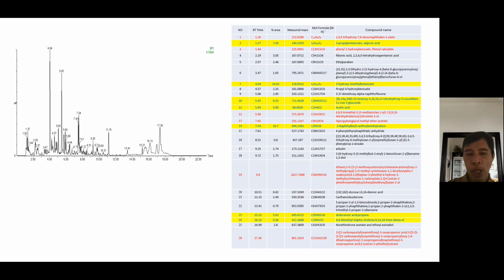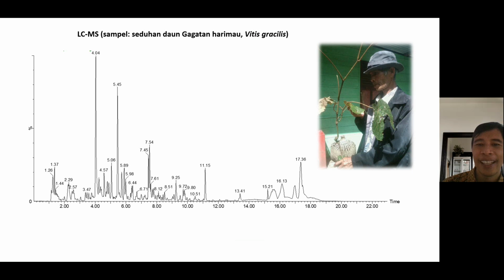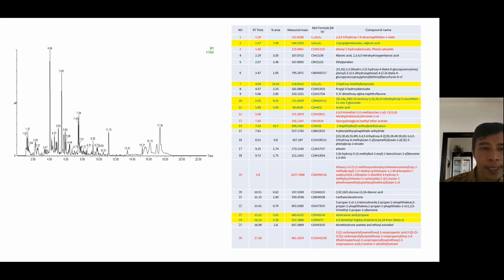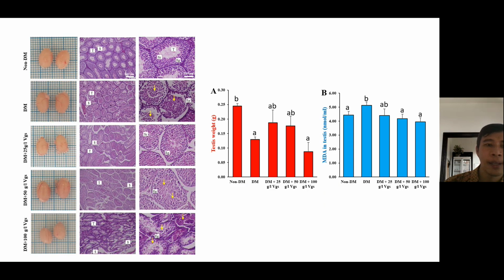So I just want to show you the method and technique we have deployed to analyze the metabolite profile of this herbal medicine, a medicinal plant commonly used by Karo tribes in North Sumatra as a stamina support. And then here's a highlight of our results.